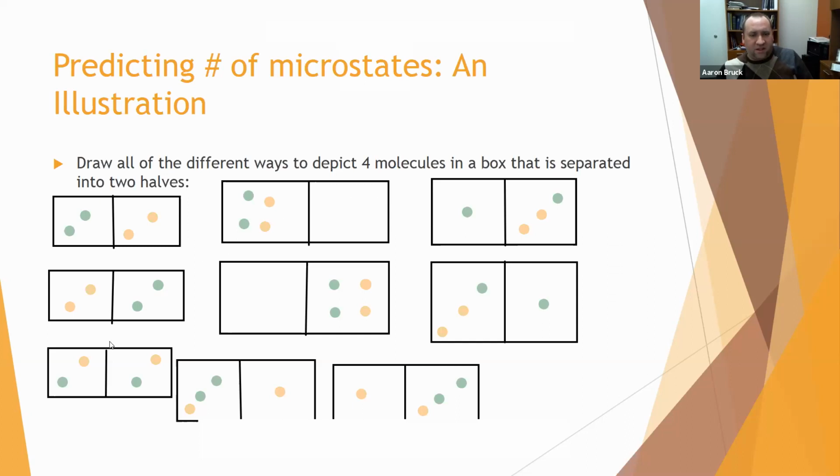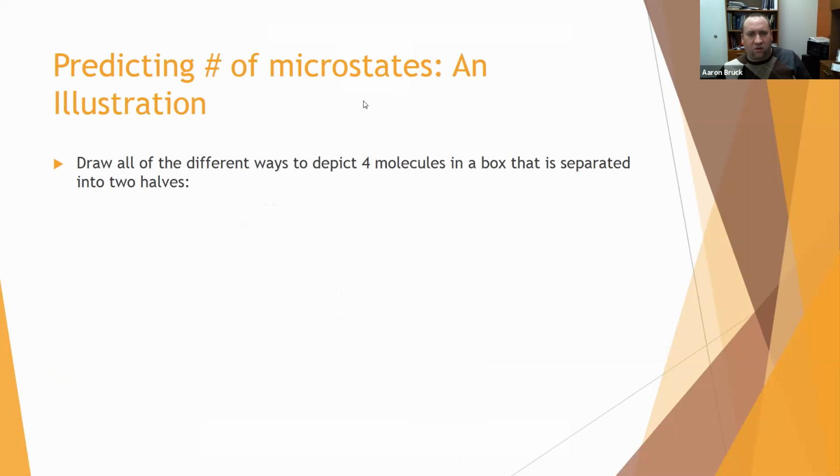So this scenario had 9 microstates. Remember, our initial example only had 4, I think. And if I went to the even simpler version of it, where I only had 2 molecules in general, remember, there's really only a couple of ways to draw that one. I could have had 2 over here.